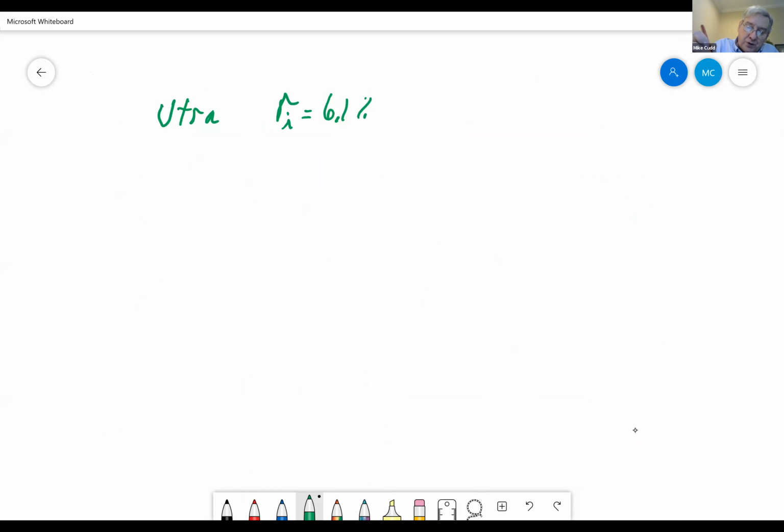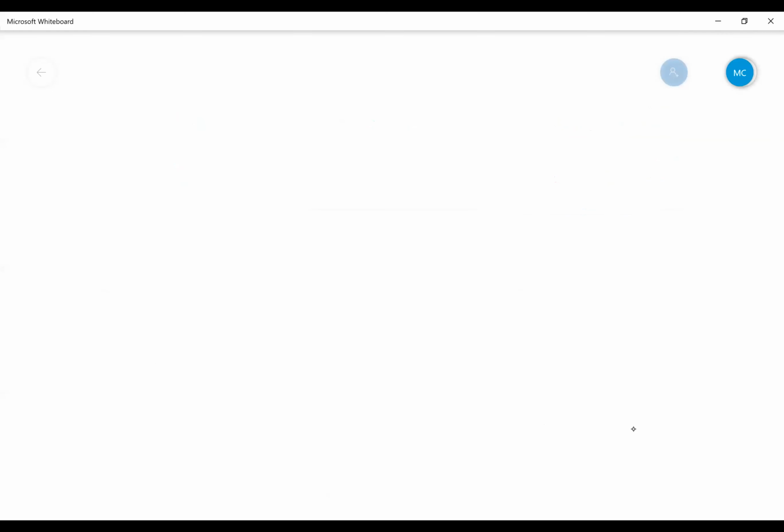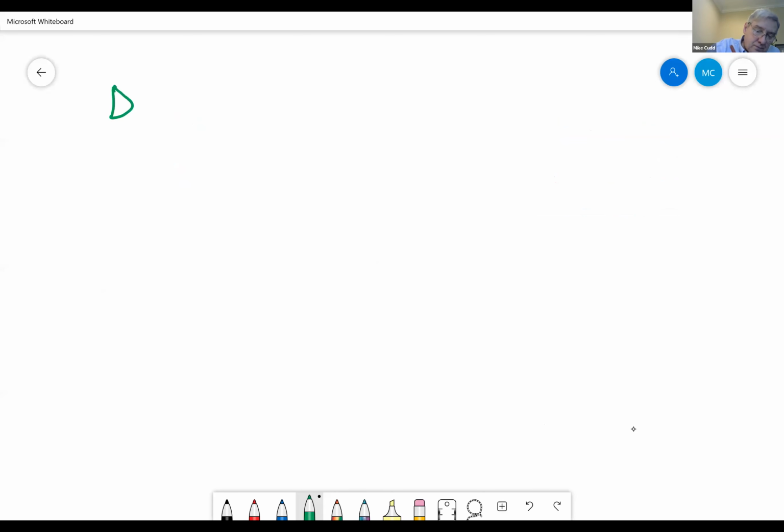So what have we got for this example problem? Okay, fine. Dolby. Dolby can sell 10-year bonds with a $40 flotation fee.